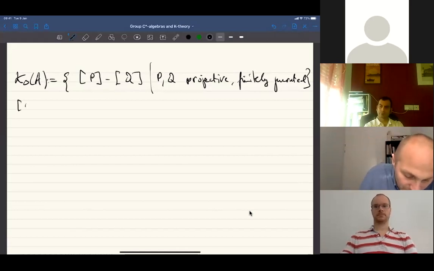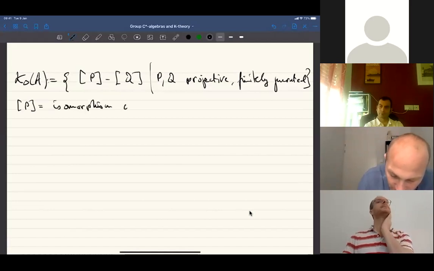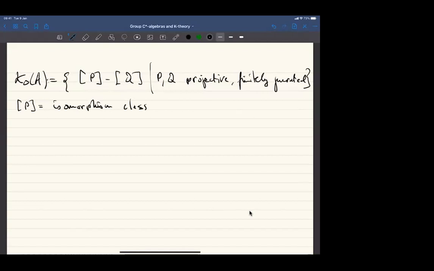So [P] is the isomorphism class of a right projective module P, and the difference that I write in the K group here is a formal difference.